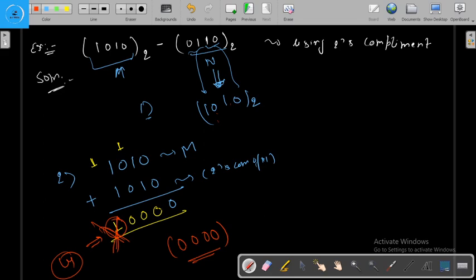Here it will be 1, and what we had written was 0. Silly mistake. A silly mistake will cost you more.